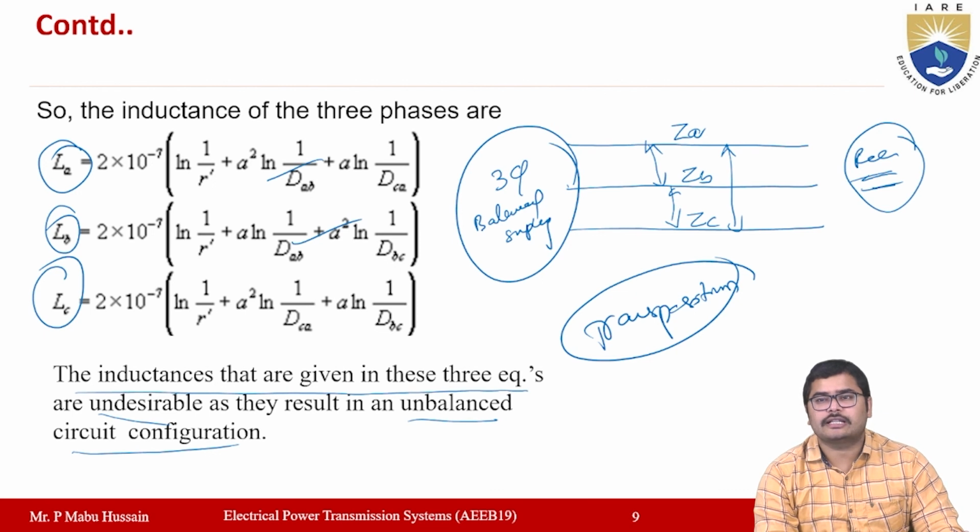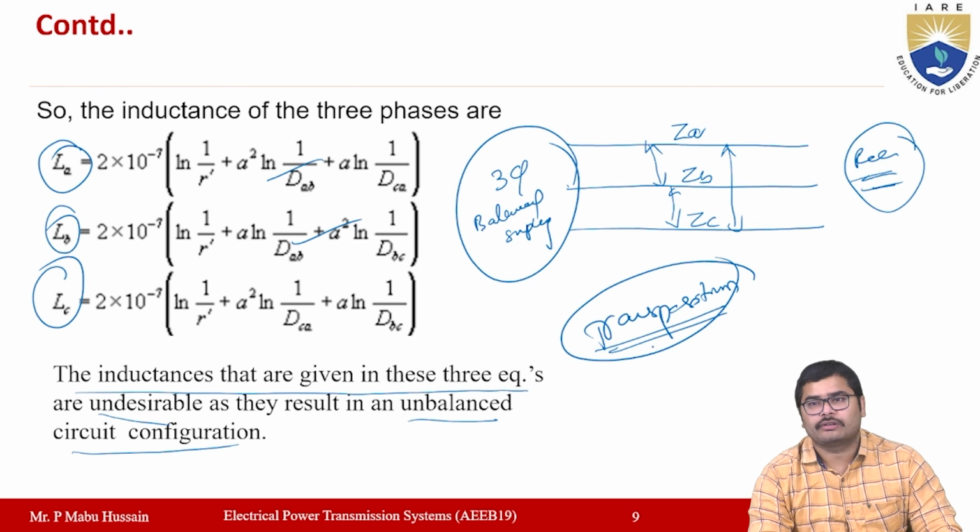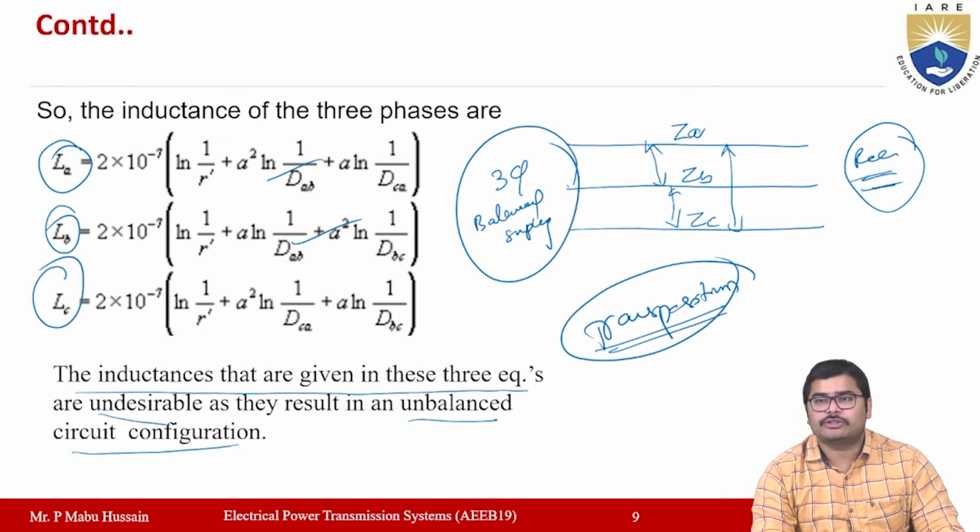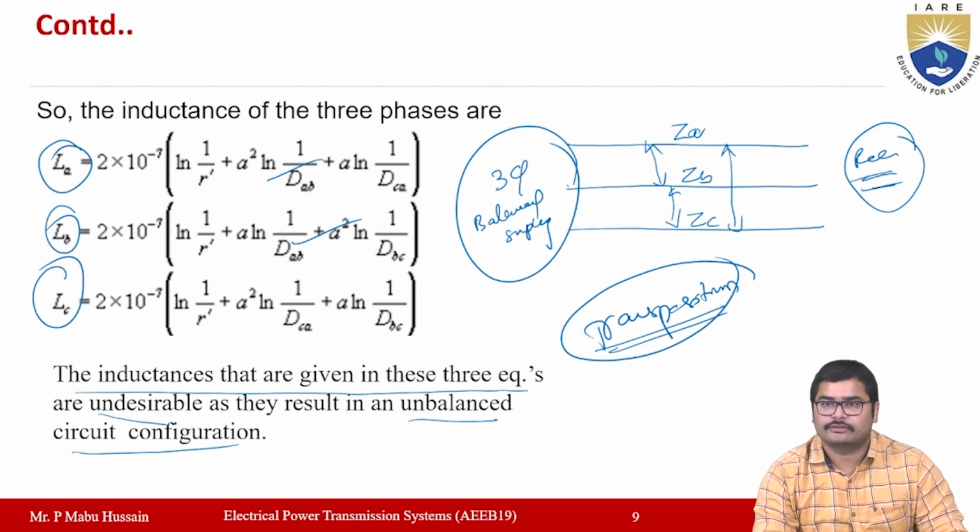Today we discussed the unsymmetrical transmission line without transposition. With the transposition, you will get balanced inductances, which means balanced voltages at the receiving end, because the average inductance in a transposed transmission line will be the same in each phase. That we will discuss in the next lesson.